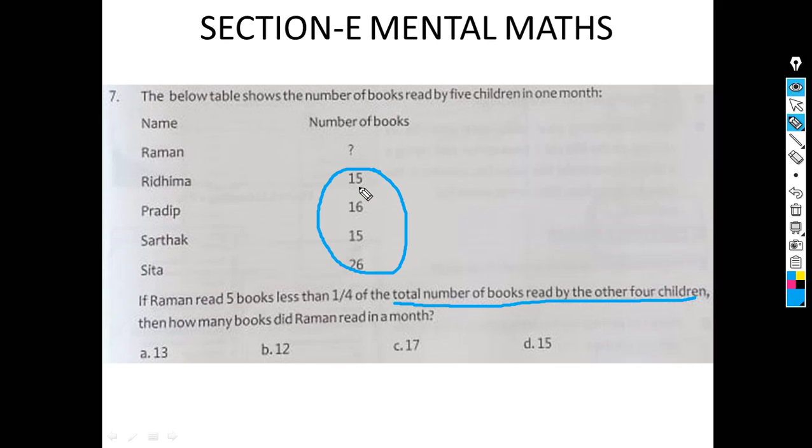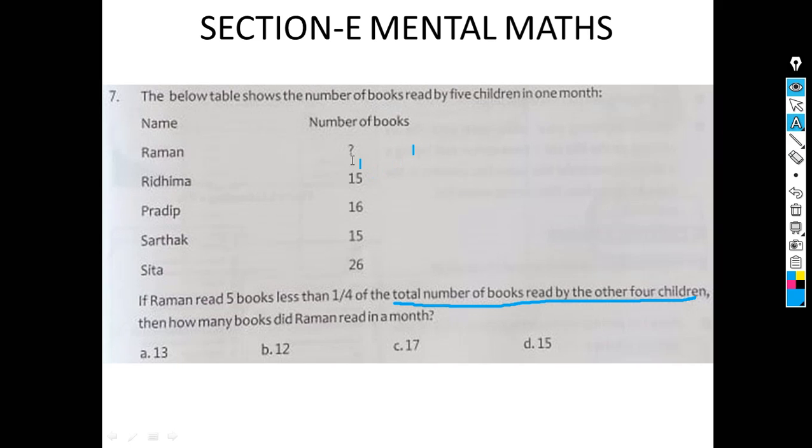The total will be 15 plus 15, 30, 30 plus 16 makes 46, 46 plus 26: 46 plus 6 is 52, and 52 plus 20 is 72. So the total is 72.